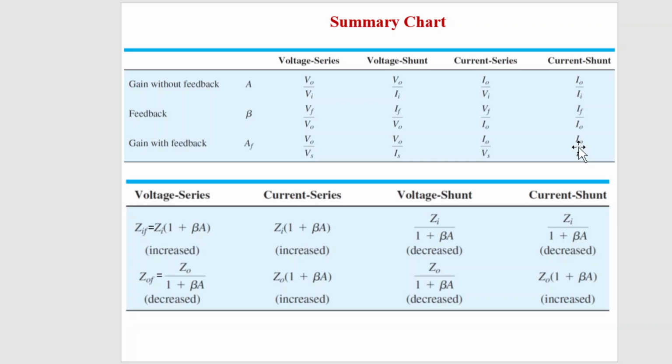Similarly, if you try to collect the information about the input impedance and output impedance, I have done calculation for input impedance for voltage series and voltage shunt. Similarly, one can do the calculation for output impedance for voltage series, voltage shunt, current series, current shunt, which I have not done.